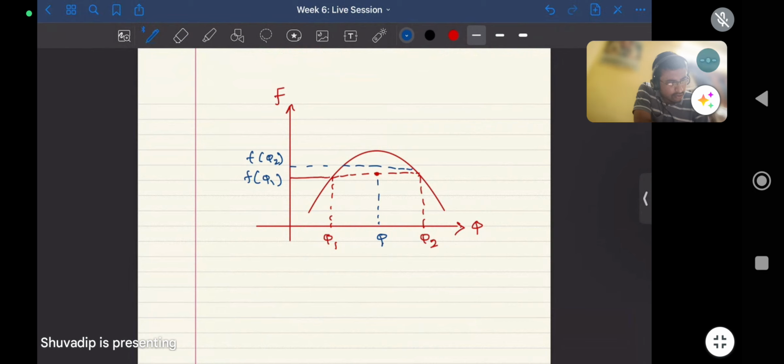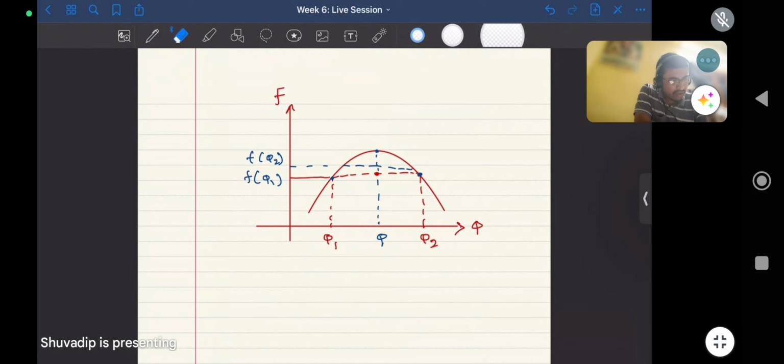You can easily see that the free energy at this point, f of phi, is higher than the mixing value, so it will try to remain as a phase separated solution. It won't try to mix itself.